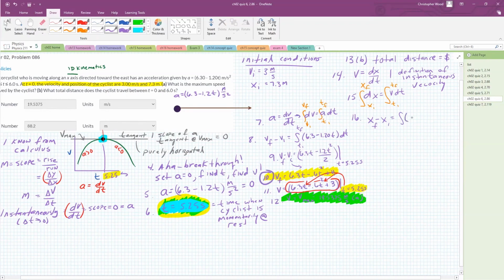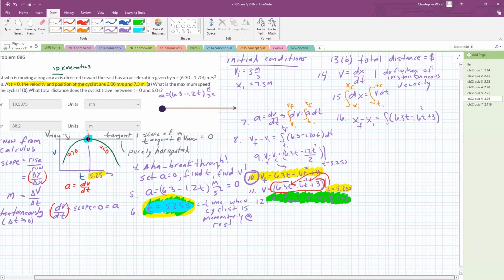I'm going to take the integral of that: 6.3t minus 0.6 t squared plus 3. That is my velocity function that I need to integrate from t equals 0 seconds to t equals 6 seconds. That's initial and final. 17.